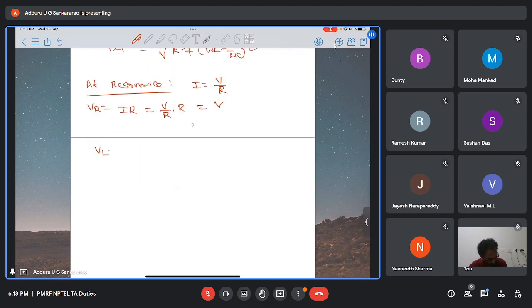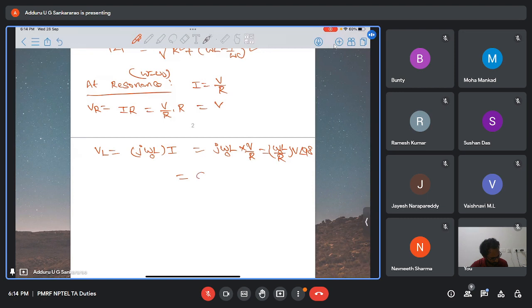Now voltage across inductor is j omega L, the inductor impedance, into I. So this is j omega L into I, which is V by R. This I can express like omega L by R into V, at resonance, that is at omega equal to omega naught, and j I can express as 90 degrees.